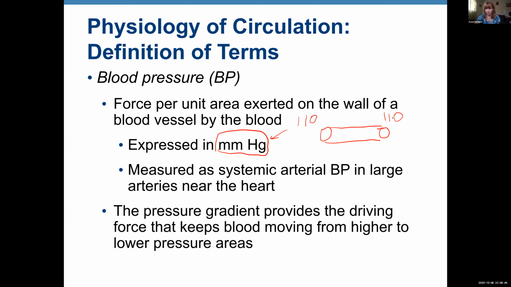Then you don't have a pressure gradient, because at both sides of this blood vessel you have the same pressure, so you don't have the force that would allow your blood to flow. But when you change the blood pressure, for example 100 over here and 70 over here, that's your pressure gradient, and it will be the driving force to keep your blood flowing.